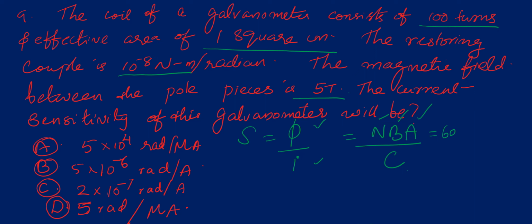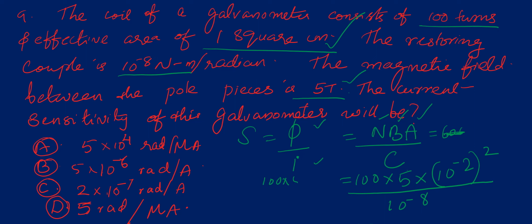Here N is given 100, B is 5 Tesla, A is given as 1 square centimeter. So when we convert it into meter, 10 raised to minus 2 whole square, divided by C is the couple, that is 10 raised to minus 8. Let us calculate this one. So we will get 100 into 5 into 10 raised to minus 4 divided by 10 raised to minus 8.